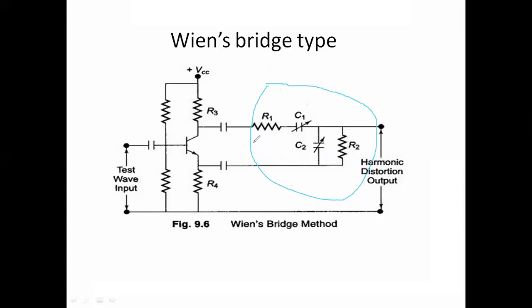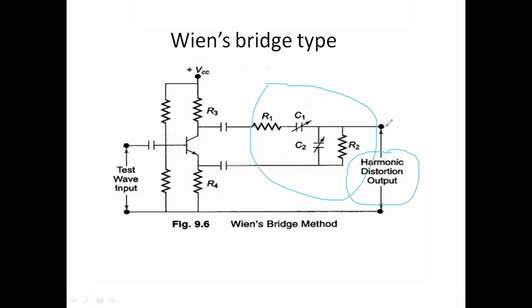The bridge is balanced here, and the fundamental power will be dissipated when R1 and R2 are equal and C1 and C2 are equal. The remaining components will be allowed as output. This harmonic distortion output will be sent to a meter, and the meter will read the RMS value of the total harmonic distortion output.